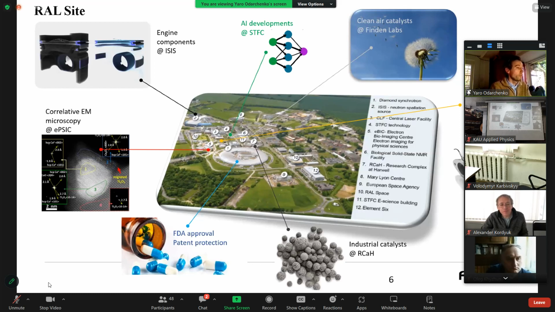It's very advantageous for us because we can access lots of techniques and instruments: not only the national synchrotron, Diamond Light Source, but also a neutron source and the Central Laser Facility, and lots of other things. We also use some synchrotrons across Europe, like Petra and ESRF and other instruments, as you can see I listed here.